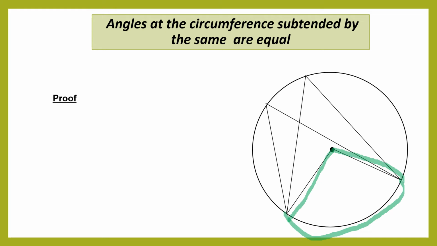Now I'll say that the angle on my circumference x is twice the angle in the middle, and angle y on the circumference is twice the angle y in the middle of the circle. If I take this equation, I can say the green angle is twice the red angle. Similarly, the green angle is twice the purple angle, which means 2x is equal to 2y.